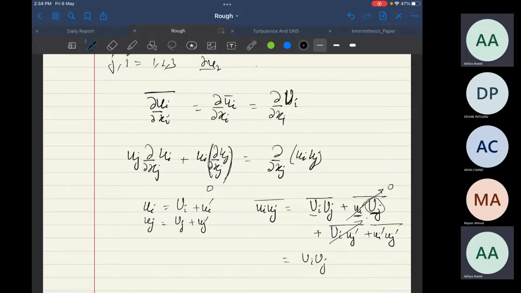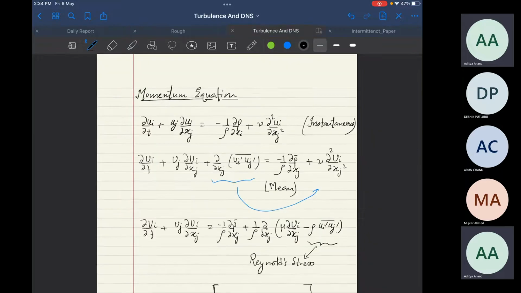Likewise, this term will also go to 0, and it'll be left with the time average of ui' uj'. So this is the second term here. You get Uj del by del xj of Ui for the mean velocities, and this term for the correlation of fluctuating components.